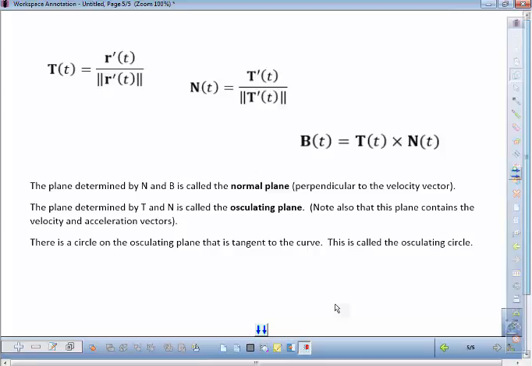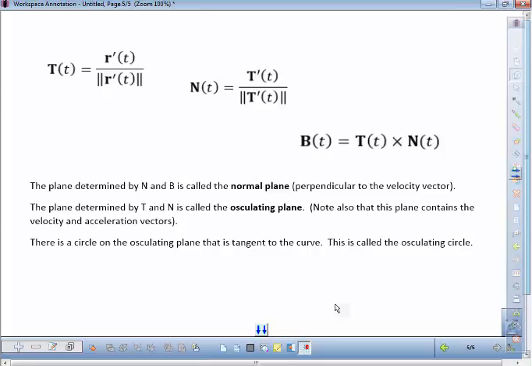Okay? Now, the floor of your car, whatever you're sitting on, is the osculating plane. It contains your tangent vector and your normal vector. If your car has a back, that is your normal plane.